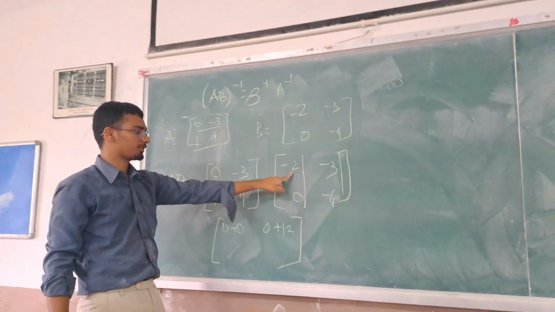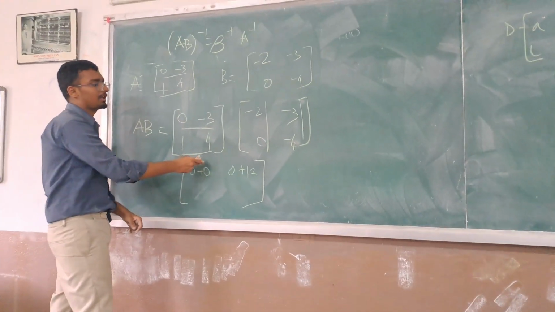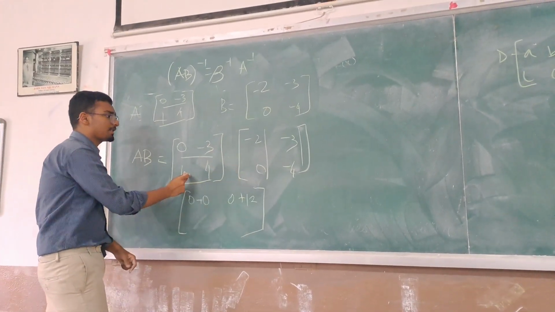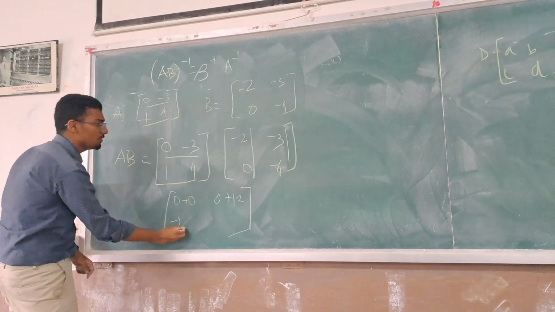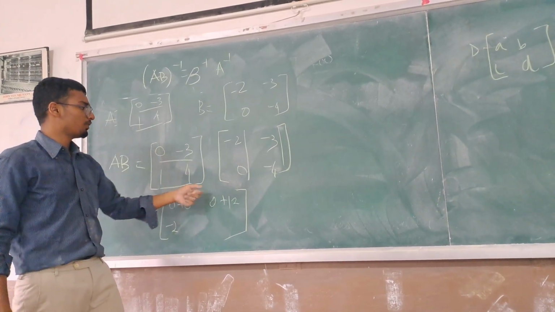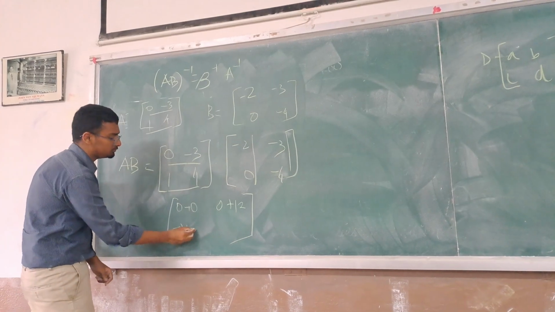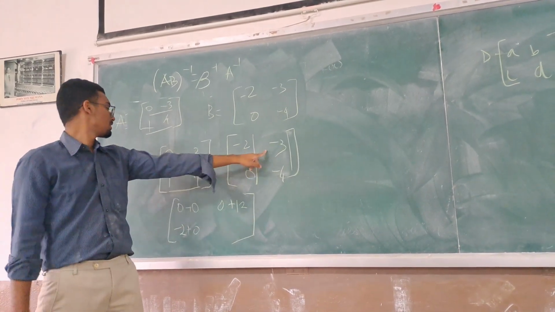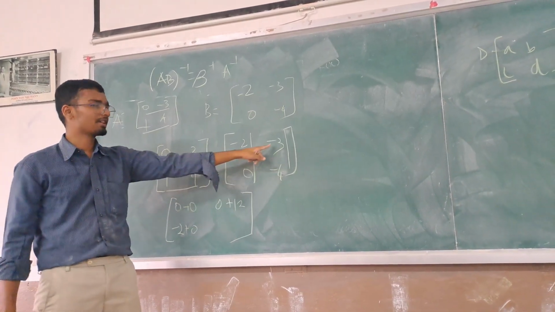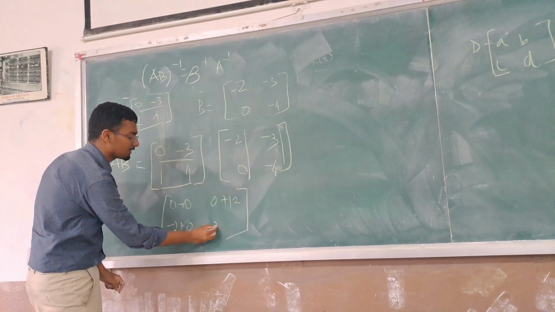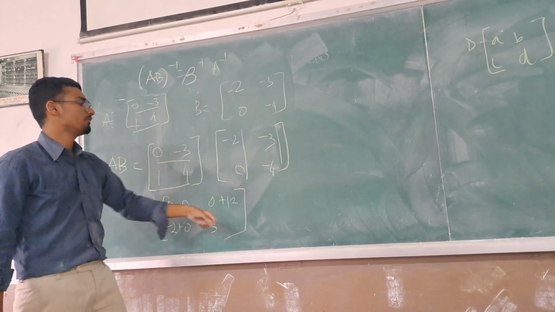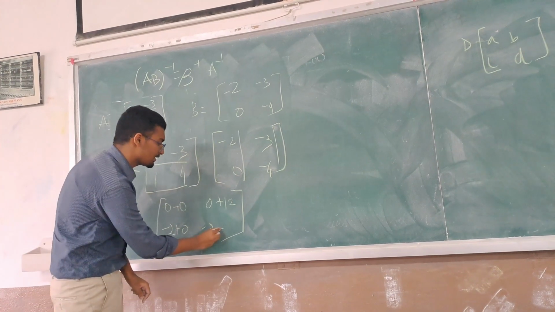The second row is multiplied with the first column: 1 into minus 2, minus 2, plus 4 with 0, 0. Then plus 1 into minus 3 as minus 3, 4 into minus 4 as minus 16.